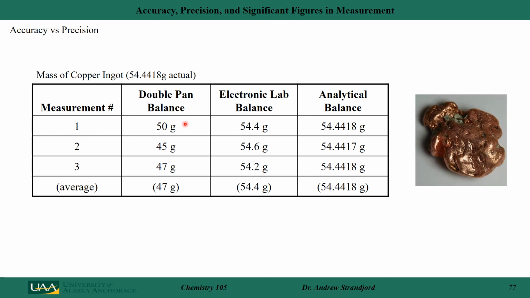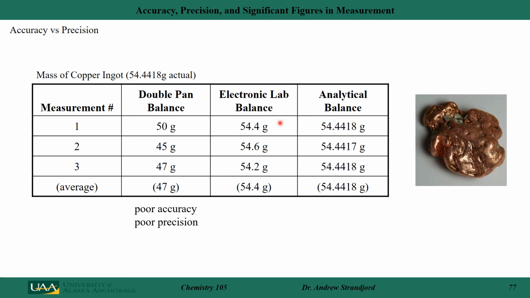I measure the mass once, I get 50 grams. A second time, I get 45 grams. A third time, I get 47 grams. And I take the average, I get 47 grams on average. So if I look at accuracy, my average is not very close to my actual value, so I have poor accuracy. Also, my individual measurements aren't very close to each other, and so I have poor precision.